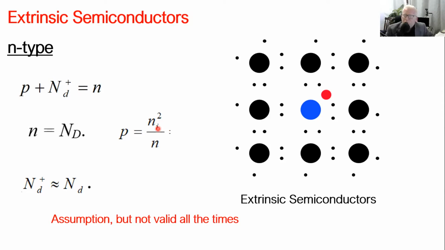Accordingly, this electron will jump easily from the valence band to the conduction band, increasing the number of electrons, and as a result, the number of electrons will be greater than the number of holes. Of course, there is some trick here, maybe we can discuss it later: it's not only that you increase the number of electrons, you also decrease the number of holes. This will be illustrated when we consider the recombination effect. Okay, perfect. This is the n-type case.